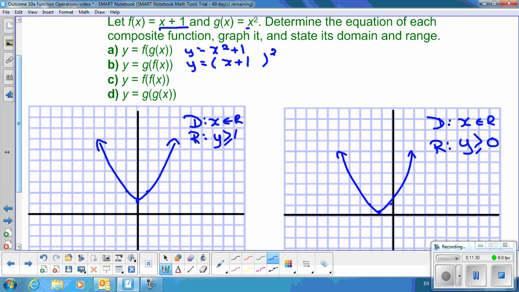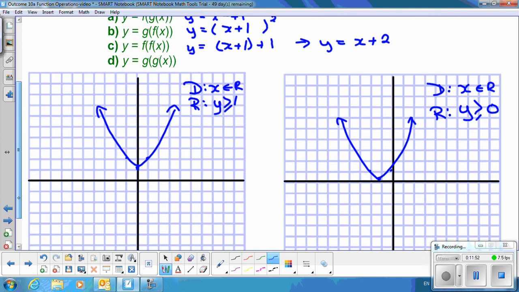If y is f of f of x, we're going to substitute in x plus 1 into our equation for x. And so we end up with y being equal to x plus 1 plus 1, or y equals x plus 2.